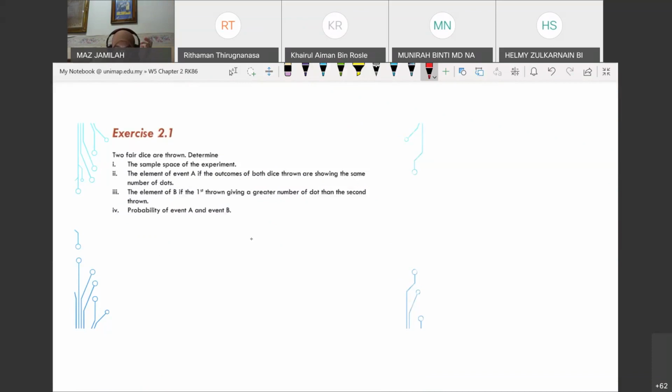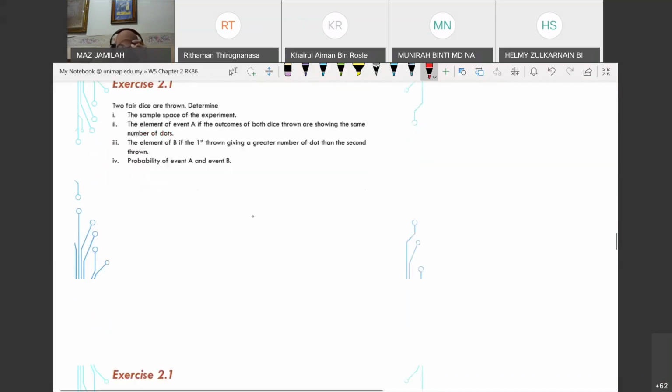Determine the sample space of the experiment. I give you 2 minutes. Can you draw on your paper what will be your tree diagram for tossing two dice simultaneously? Try, class, for 2 minutes.